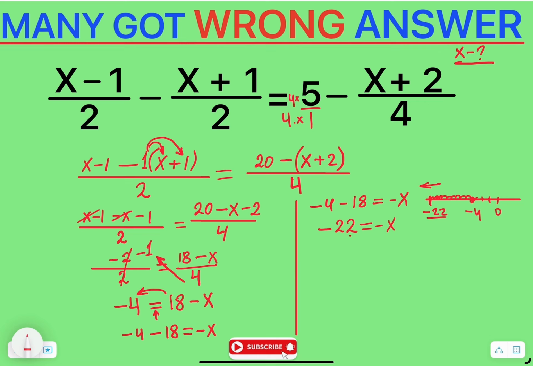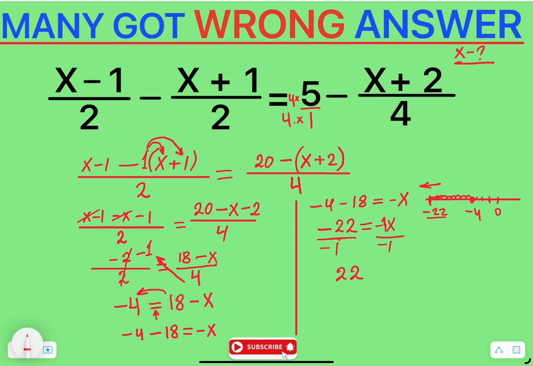So in this case, now we have negative in front of x. We can divide by negative 1 both sides. If there is nothing, this can be negative 1 right in front. Negative 22 divided by negative 1 will be positive 22.